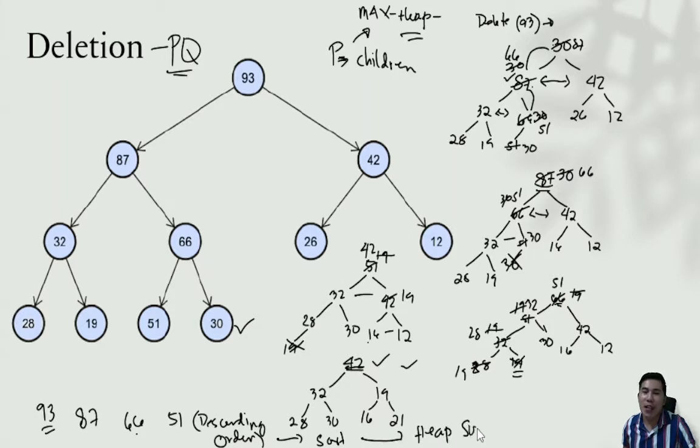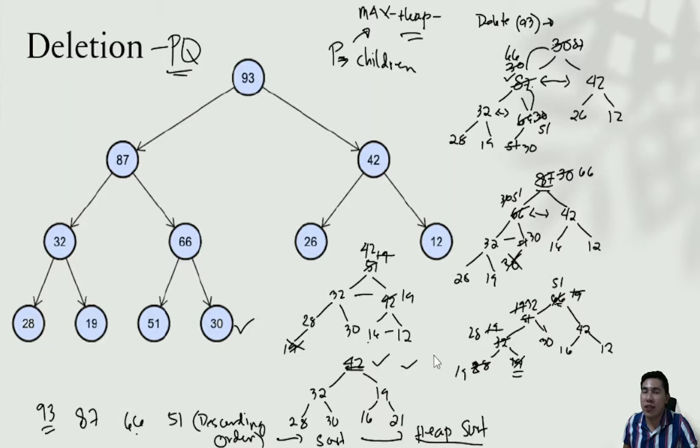So you see, this priority queue and binary heap can give you a lot of things. Aside from being able to do a priority queue by max heap, you are also able to arrive at a sorting algorithm.